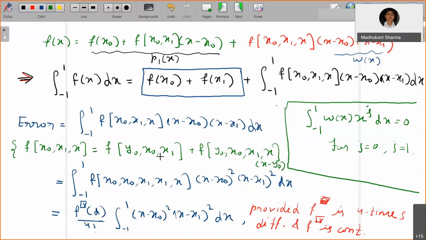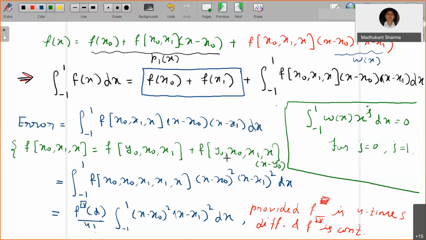Then you take this w of x with this. If you integrate, this term remains constant, but the integration from -1 to 1 of w of x dx is 0, so this term will not contribute anything. Then you use the similar recurrence over this divided difference formula.